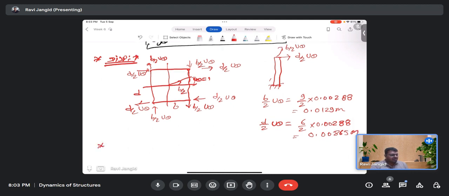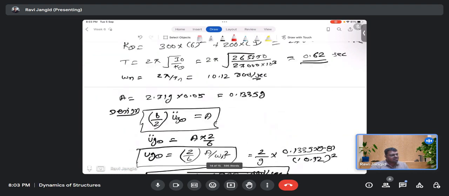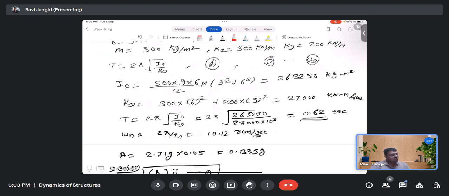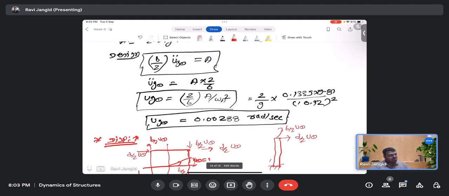Now we need to find out the torque. So that would be k theta into u theta. How much is k theta? We have calculated k theta, this one, 27,000.